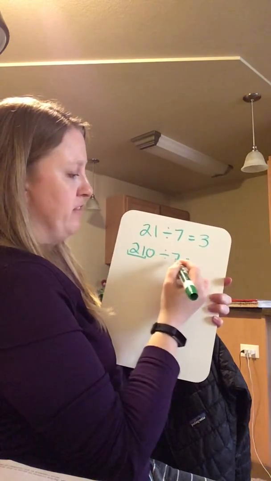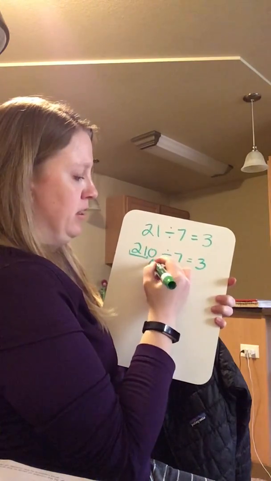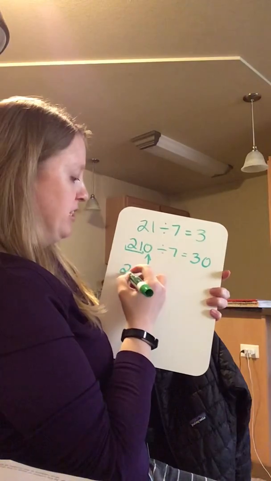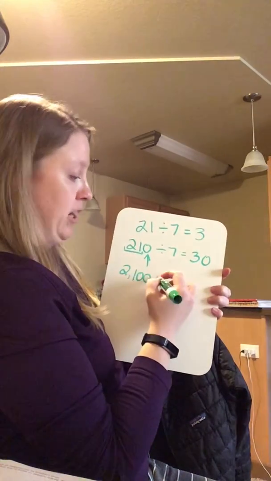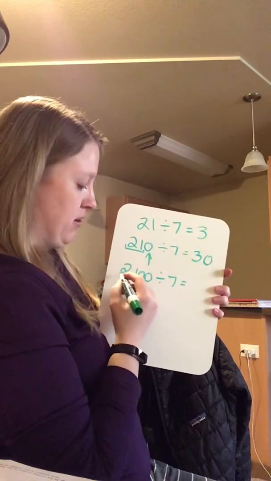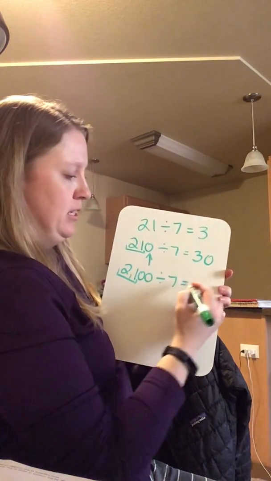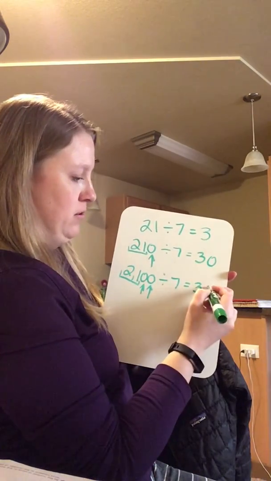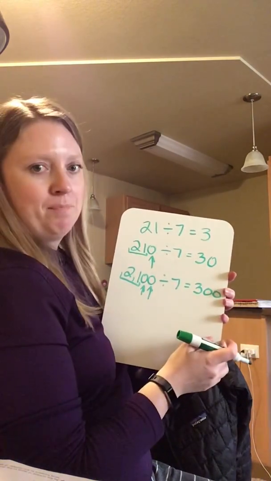So 21 divided by 7 is 3. There's 1 zero, so we put it on the answer. We could keep going. This could be 2,100 divided by 7. Again, ignore those zeros. Just look at the 21 divided by 7, which is 3. Then 0, 0, 0, 0. Okay?